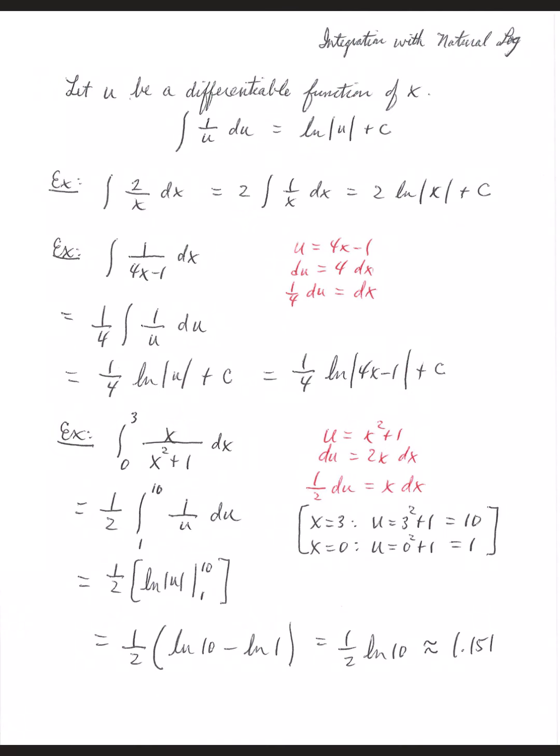If you have a definite integral, in this next example, we're integrating from 0 to 3, x over x squared plus 1 dx. What I notice is when I look at the denominator, I see that the derivative of x squared plus 1 is 2x dx.